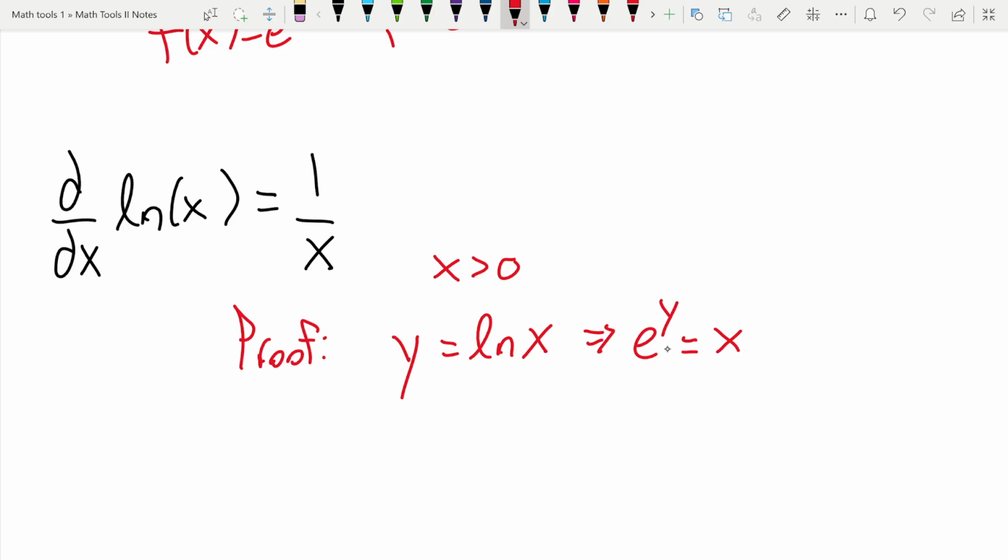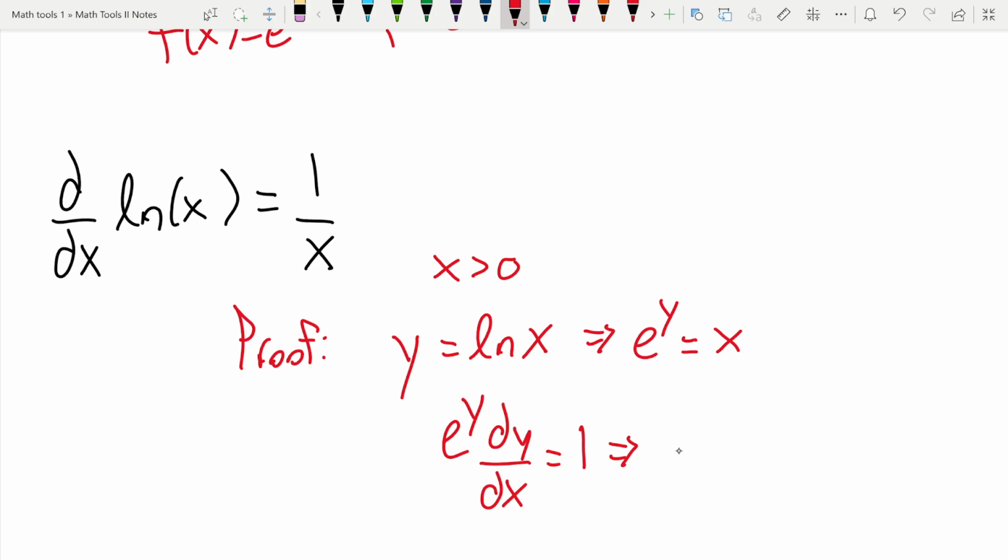But essentially, you don't have just y by itself here, but you're taking the derivative with respect to a different variable, so what you get is this right here. Okay. And then the right side is still equal to 1.